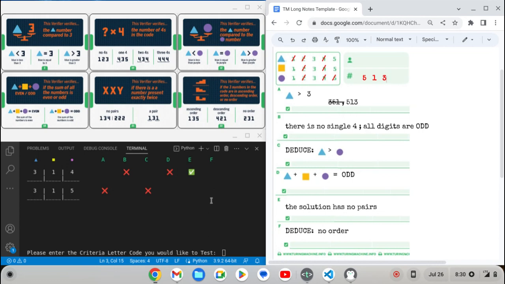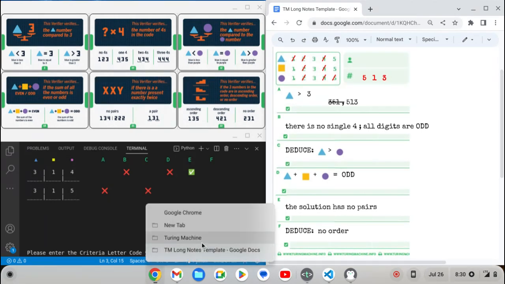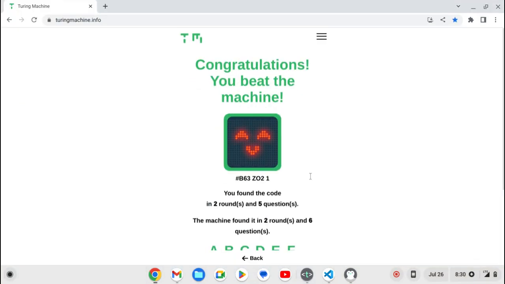You didn't even have to test it. So you already had that going. And then, of course, criteria cards A and C to further isolate the solution.